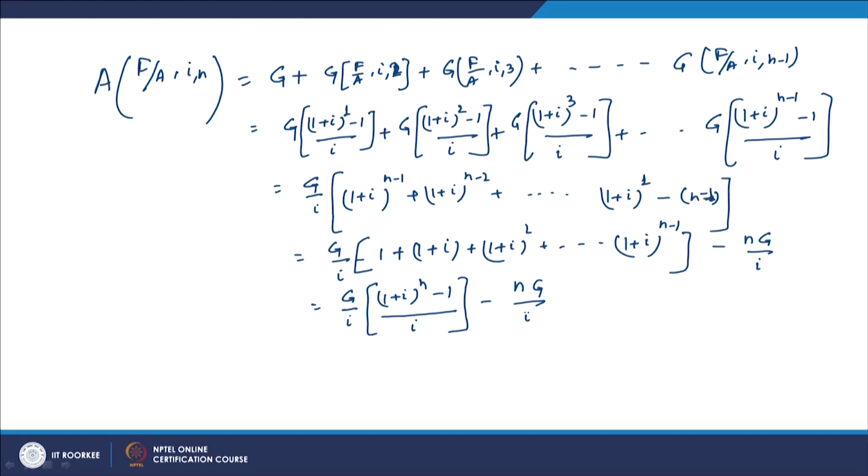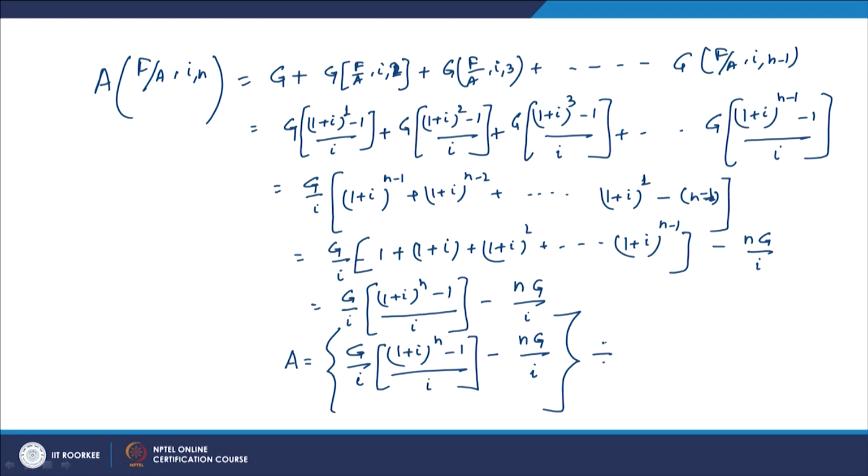Now, if you look at this A, this f by a i n we know is (1+I) raised to the power n minus 1 by I. So, it will be divided. A will be equal to G by I times (1+I) raised to the power n minus 1 divided by I, minus n G by I, and this all is to be divided by f by a i n.